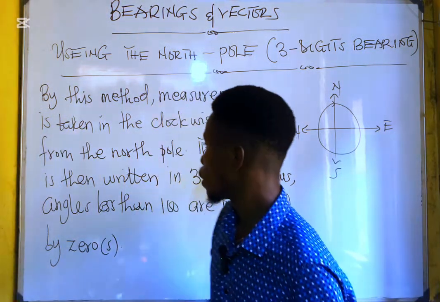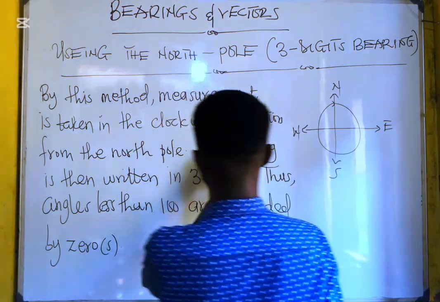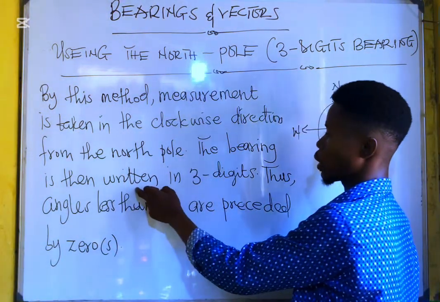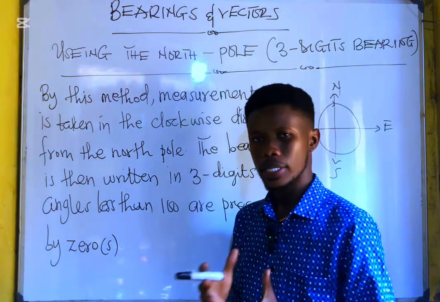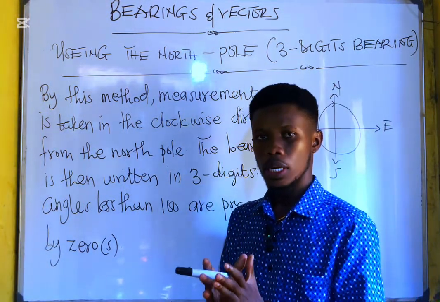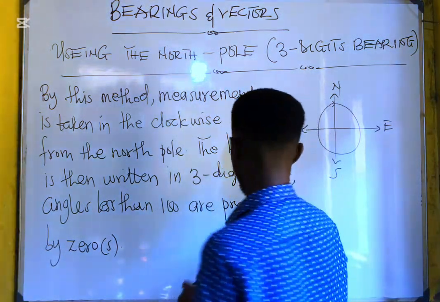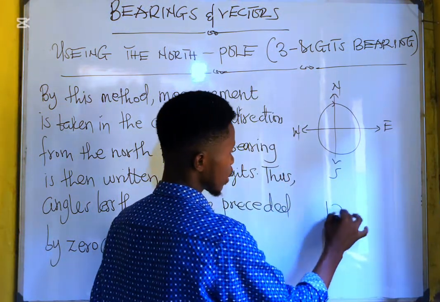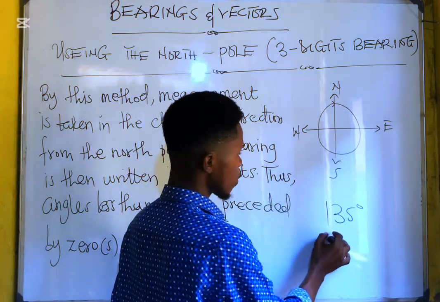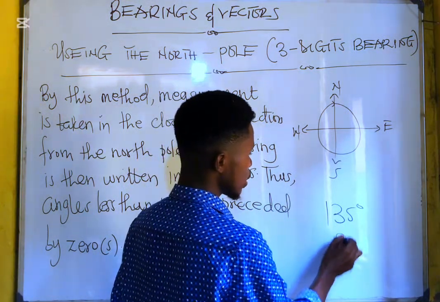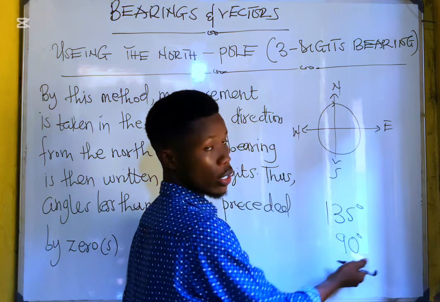Now, the bearing is written in 3 digits. Let's assume that we have 135 degrees. This is in 3 digits. But if I have 90 degrees, you cannot just write it like this.